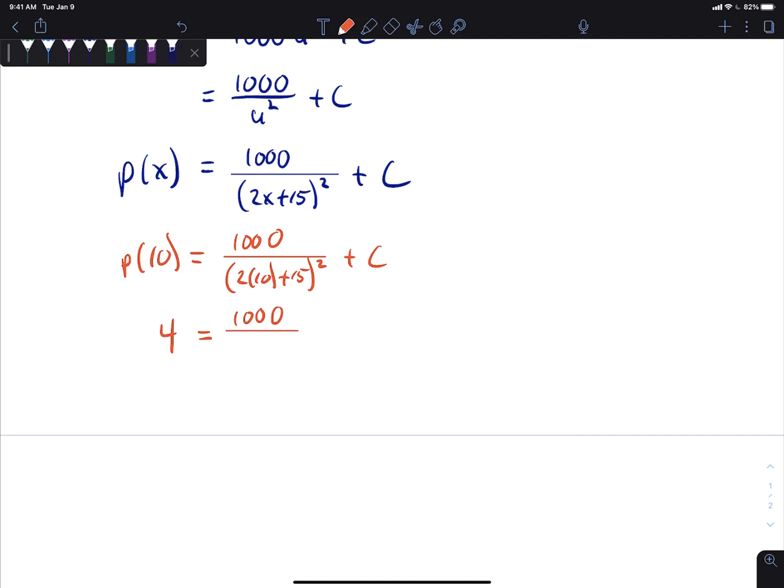Well, that's 1225. And if you take your calculator out and figure out what 1,000 divided by 1225 is, you'll get 4 is equal to 40 over 49 plus c. And notice that we can just solve for c. So do 4 minus 40 over 49, and you'll get 156 over 49.